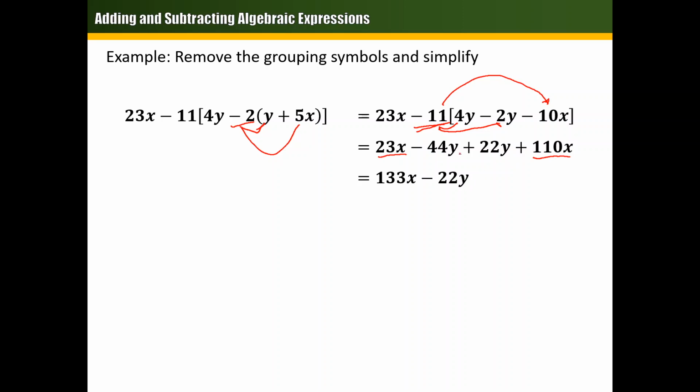So negative 44 plus 22, ano yun? Utang na 44. Tapos pera mo is 22. Anong meron ka? May utang ka, may pera ka. May matitira ka pang utang na 22. So copy mo yung literal coefficient. So you get negative 22y. And ito na yung simplified form ng ating expression.